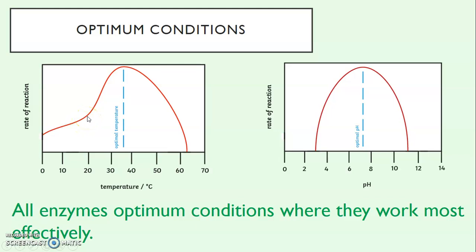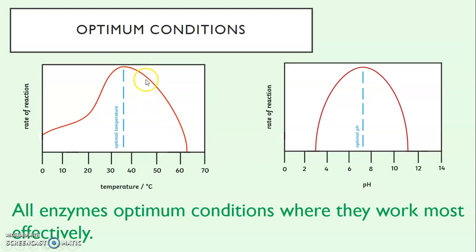It gets to around 20 and it comes up steeply, but you've got this really small bit here where it is the quickest rate of reaction, and that is what we call the optimum temperature. And then once you pass that optimum, it doesn't take much, it will reduce and eventually stop.